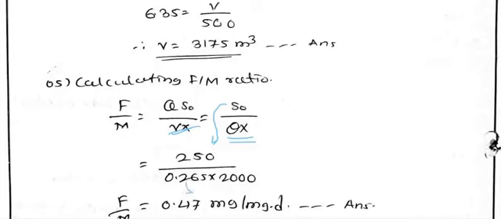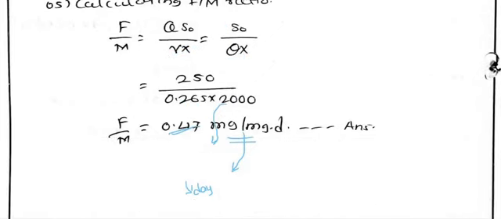You take it here in terms of day. And 2000 is the value of X. From this you can easily get the F by M ratio, and the F by M is 0.47 milligram per milligram day. That will be the F by M ratio.